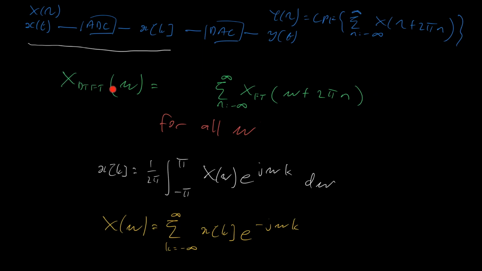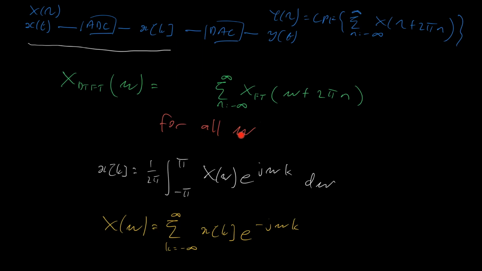We therefore have that the discrete-time Fourier transform of omega is equal to this expression here, true for all omega. And this is true regardless of whether or not x of t is band limited. If x of t is band limited, then this is still the correct answer. The previous page, which did not have this infinite summation here, is only true if omega is restricted to being between minus pi to pi.